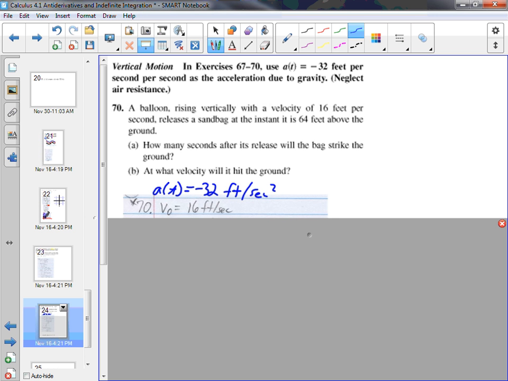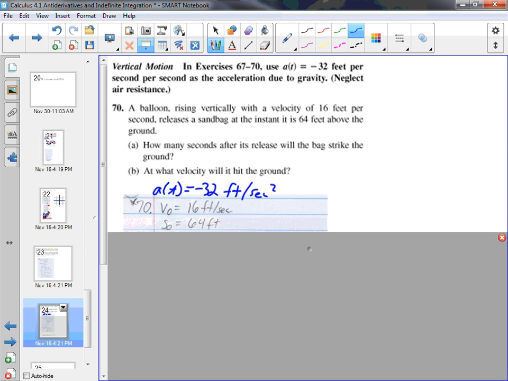So the initial velocity is 16 feet per second. What's the initial position of the sandbag? 64. Notice that with initial, we're not starting when the balloon's on the ground, are we? We're starting when the action starts. The action starts when they release the sandbag. And when they release the sandbag, its velocity is 16 feet per second, and its position is 64 feet above the ground. So the initial velocity is 16 feet per second. The initial position is 64 feet.